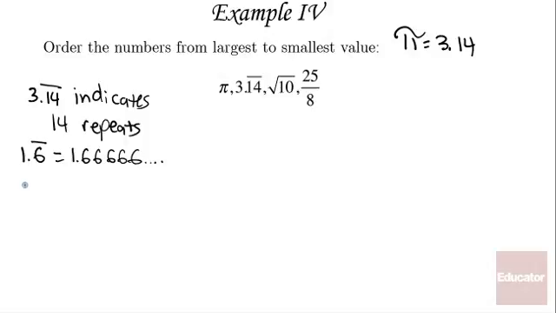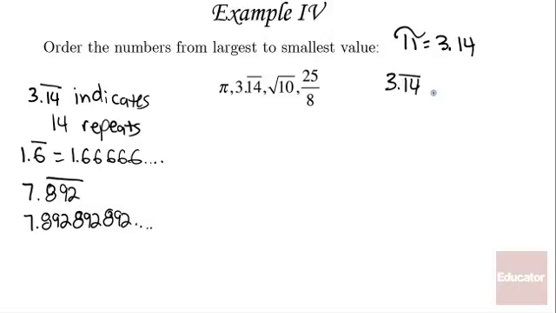I could even have 7.892 repeating, and then all three of those would repeat. It would be 7.892, 892, 892, and on and on. Okay, so 3.14 with a bar over it tells me that this is just going to go on indefinitely, repeating.